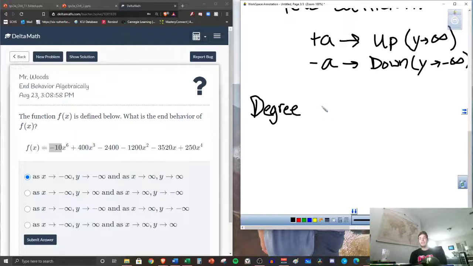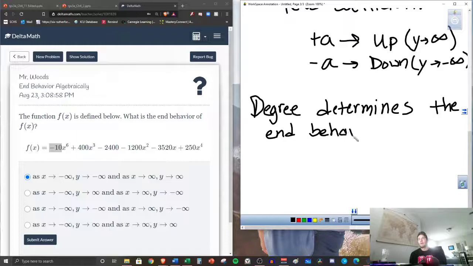But degree is what determines the end behavior of both sides of the graph.